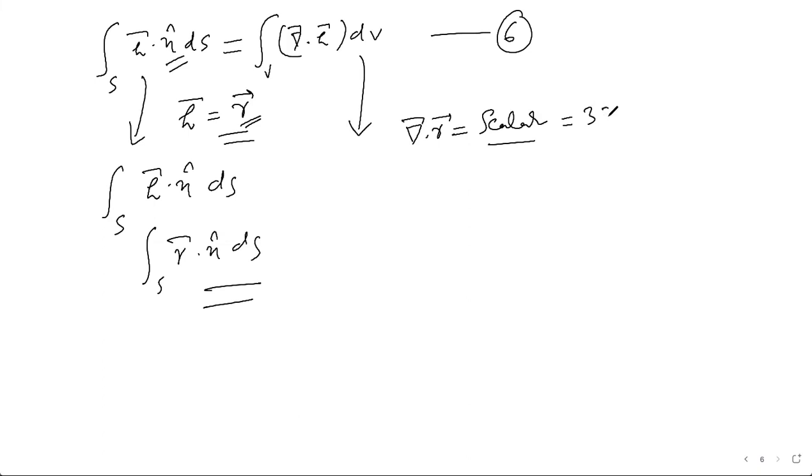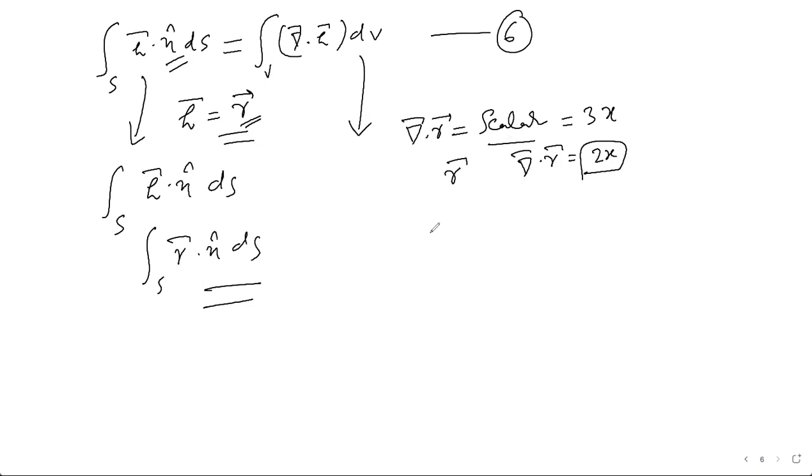Once it is a scalar function, it is not as easy. For example, if R is some complicated function and del dot R turns out to be some function, let's say 2x, then you have to carry out this integral.